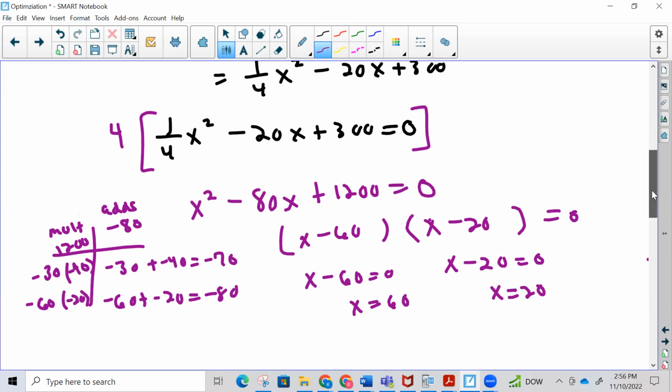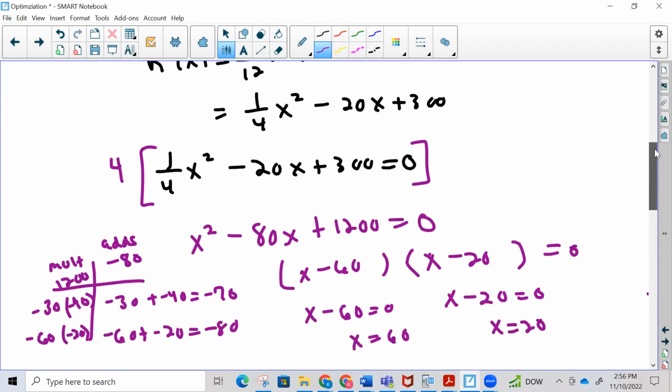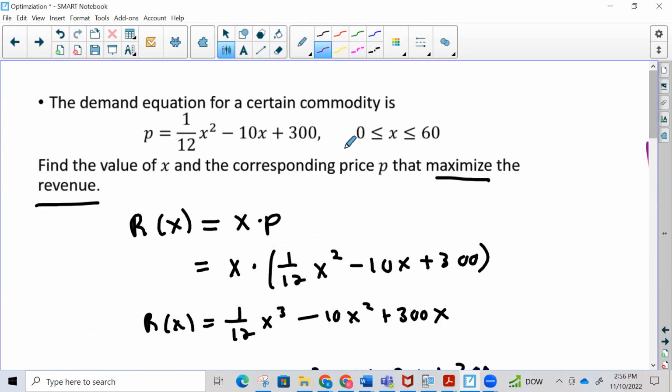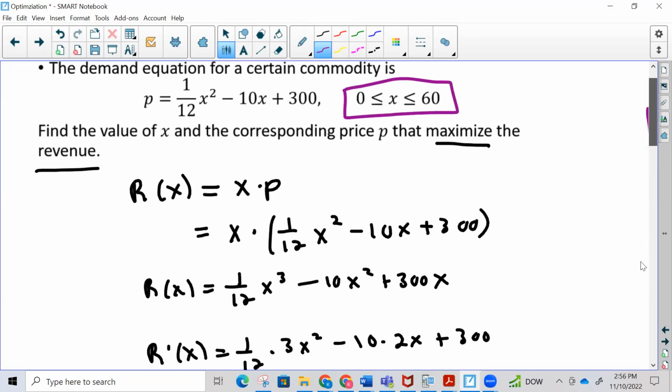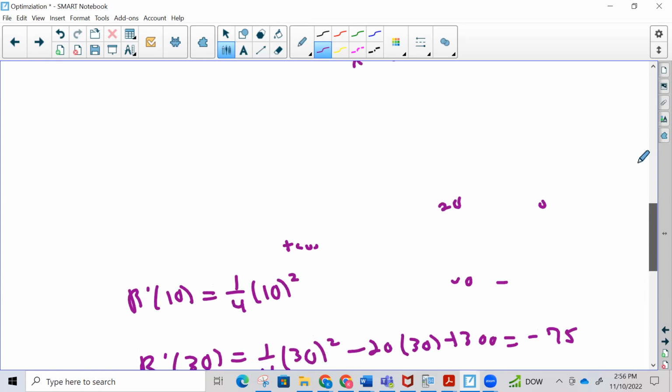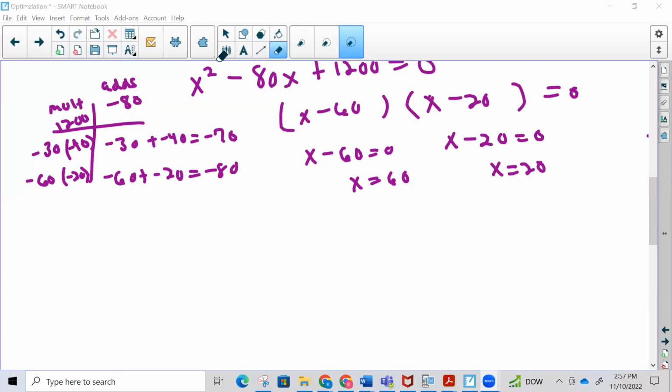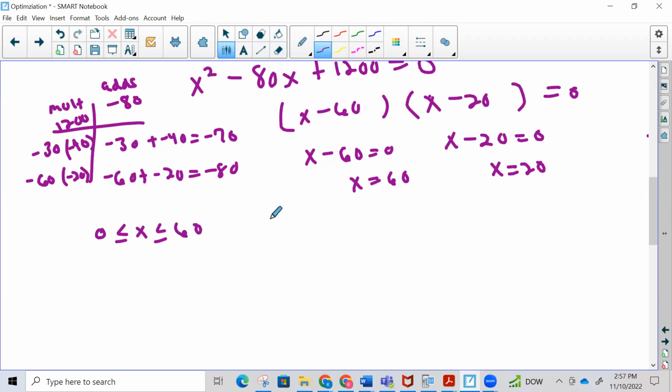Now we need to figure out which one is a max and also make sure they're in our domain. So this is my domain, and they both fall in that domain. So we need to figure out which one is a max. And because our interval was 0 to 60, technically 60 could also be a max.